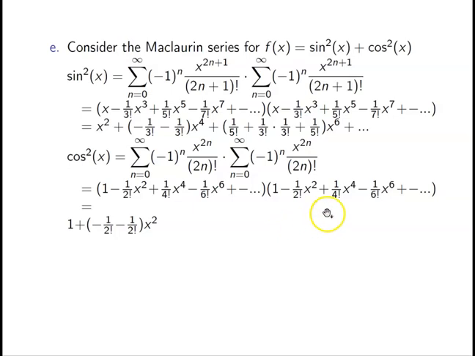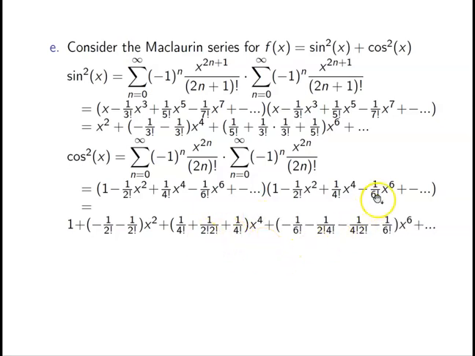The next lowest thing I can do is an x to the fourth. So I have a 1 over 4 factorial. These two can multiply, so I have a 2 factorial, 2 factorial. They're both negative, so it's positive. And then I have this 1 and this 4. So that's what it looks like for the fourth term. For the sixth term, we can just write everything out. So 1 and the 6, 4 and the 2, this 4 and this 2, and this 1 and this 6.